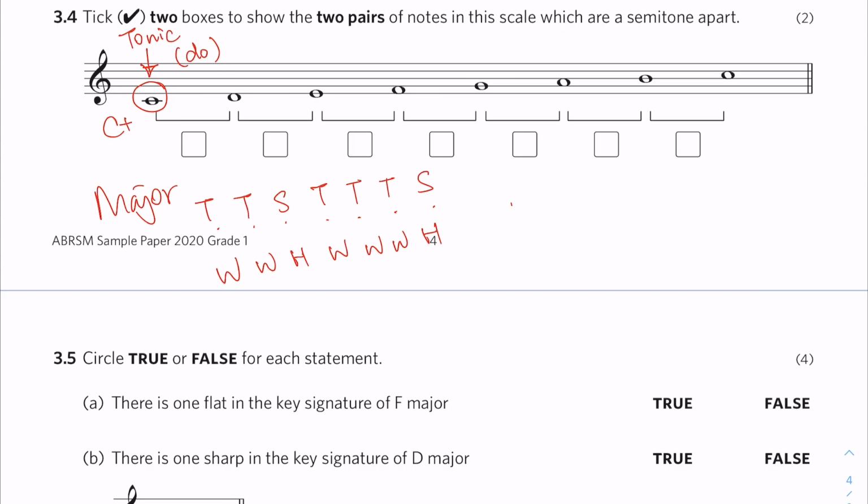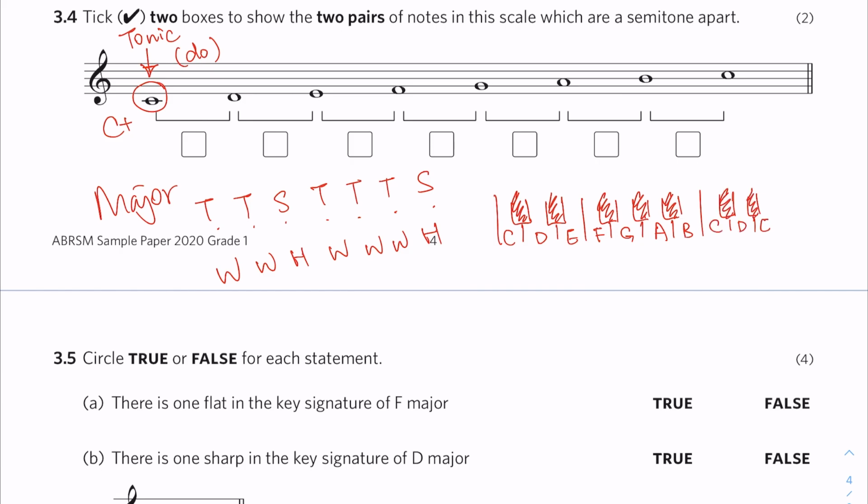Now I'm going to quickly draw a piano keyboard so you can understand what it means. I'm going to make my set of 2 black keys and my set of 3 black keys. Starting on the left hand side of the 2 black keys, always C, C, D, E, F, G, A, B, and let me draw another set of 2 black keys here, C, D, E.